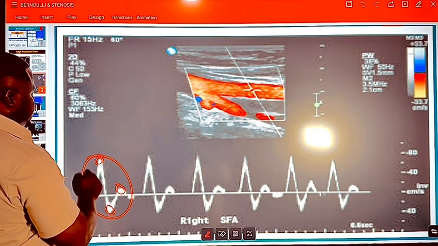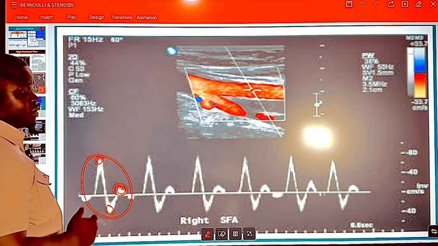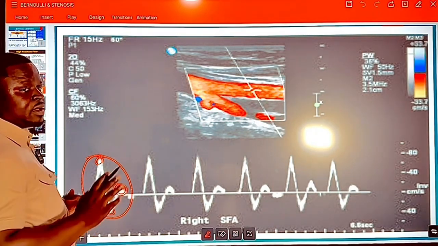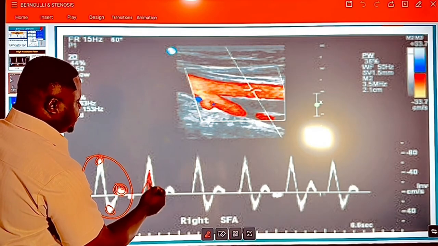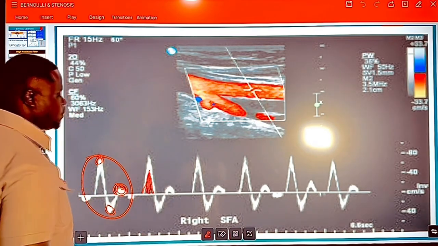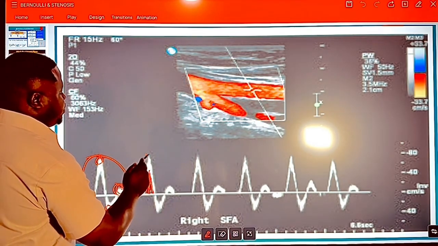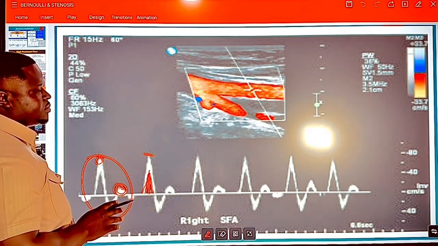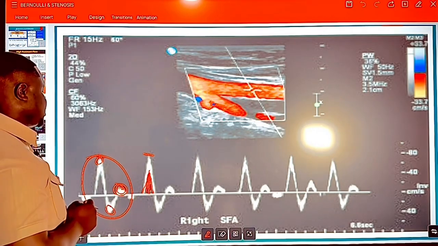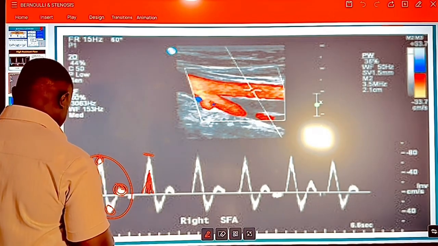Okay, so that is that. This is the closure of the aortic valve. So for normal flow, we are not expected to see filling in of this spectral window. The peak systolic velocity should be within a normal range for all the vessels that we know.